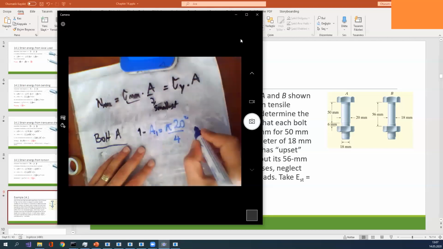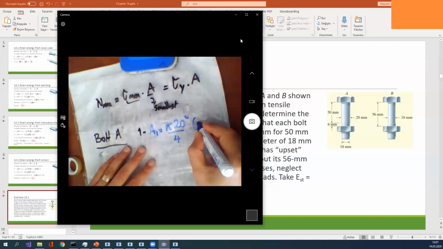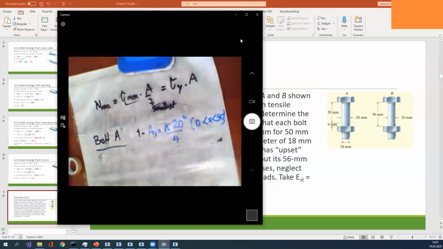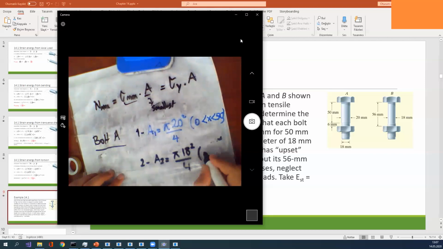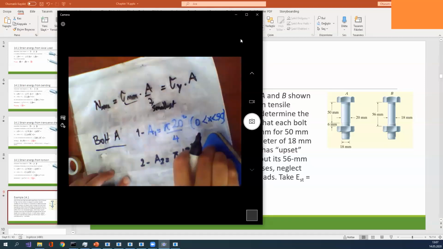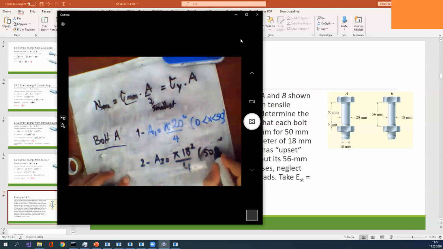And x goes from 0 to 50 millimeter. In the second part, we have A2 equal to pi times 18 squared divided by 4, and here x goes from 50 to 56.